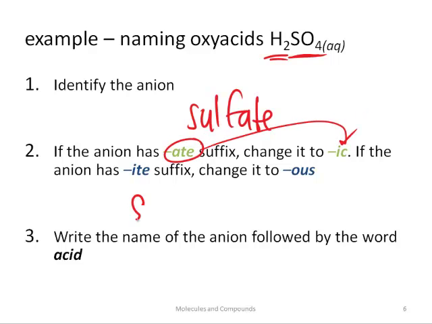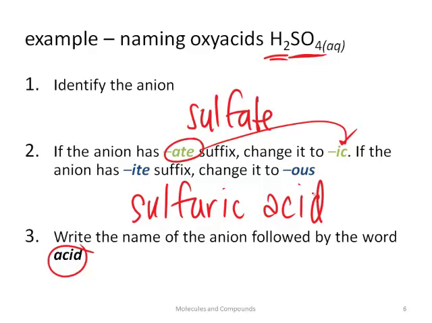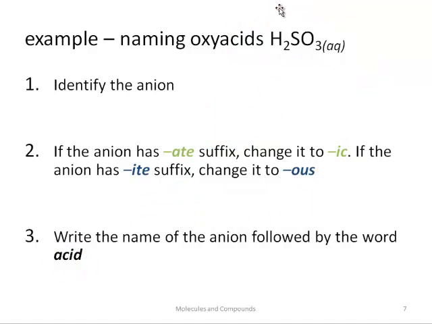So we are going to change this to sulfuric. The sulfate sort of translates back to the sulfur name, and then we throw on ic. But that's the only one that's going to do that. So sulfuric, and then of course we need to add the acid. So sulfuric acid is the name of H2SO4.